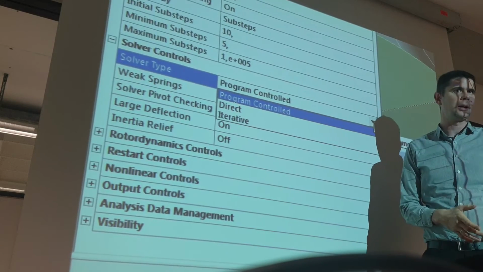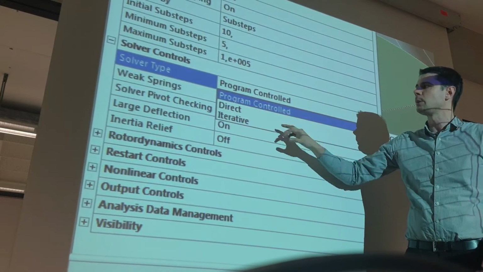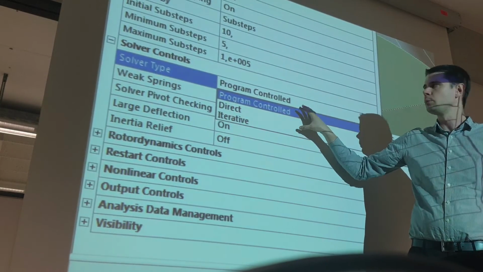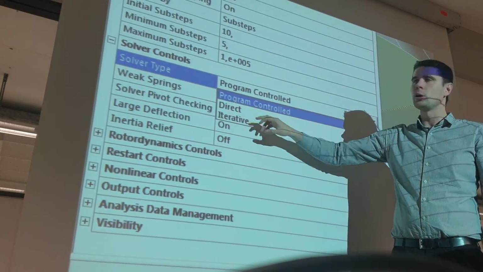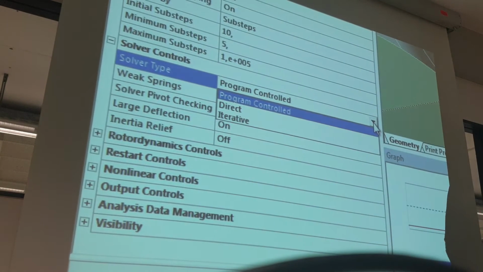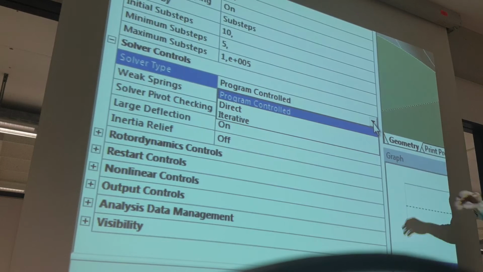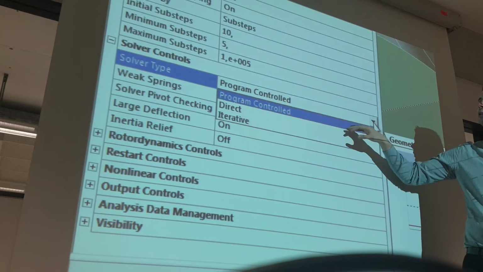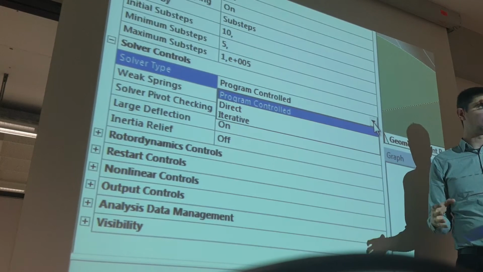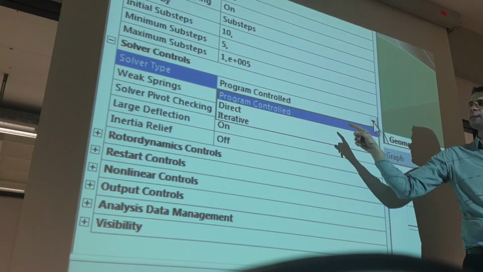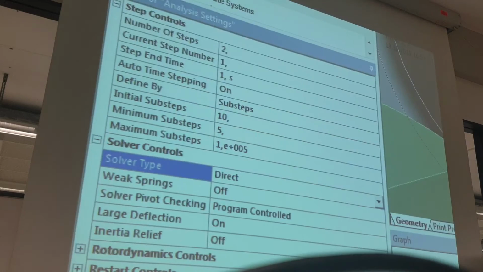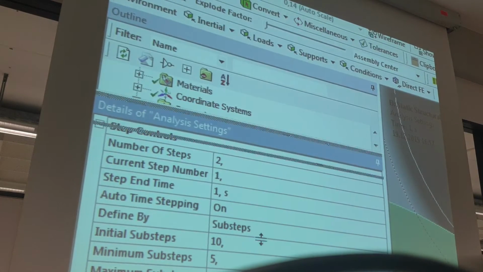There are many methods inside direct and iterative, but here is the main choice. If you want to choose more exactly, then you can write it with programming, and you can choose exactly what you want. But here we can choose between two big groups of methods. So we say now direct. We think direct has to be better. And then we start the simulation again.